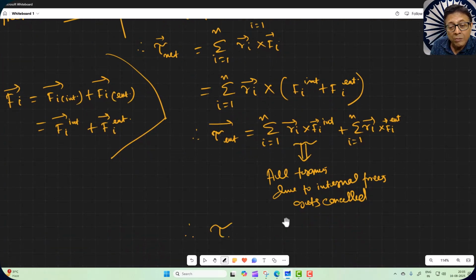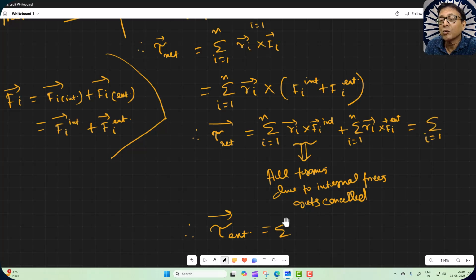Therefore, tau net reduces to sigma i equal to 1 to n Ri cross Fi external. This will be tau external. Okay.